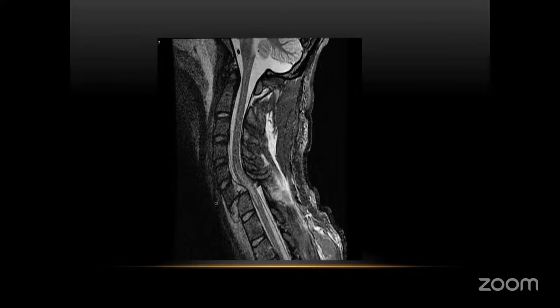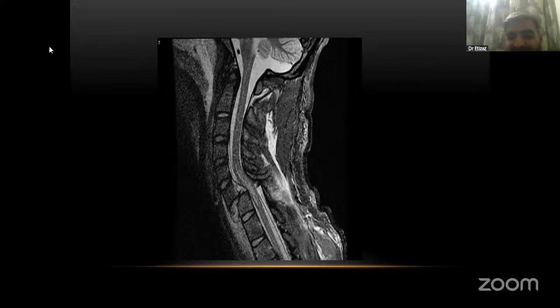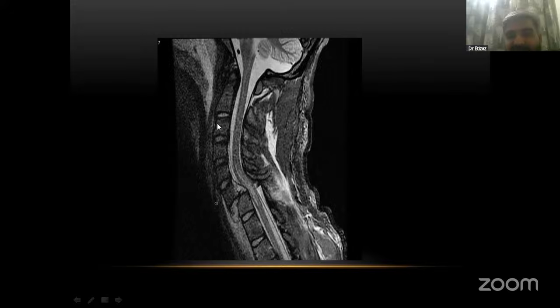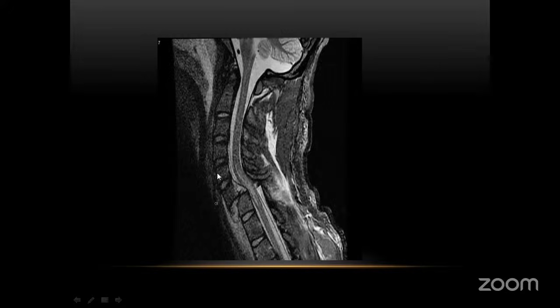Yes, you are right. Sorry. Hello. Look at here. It is extended. The spine is extended, not flexed. Then why hyperflexion? Sorry, sir. It seems like hyperextension, sir.